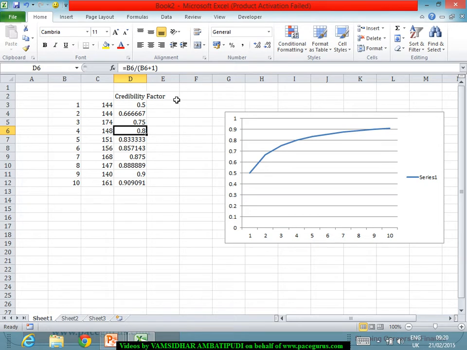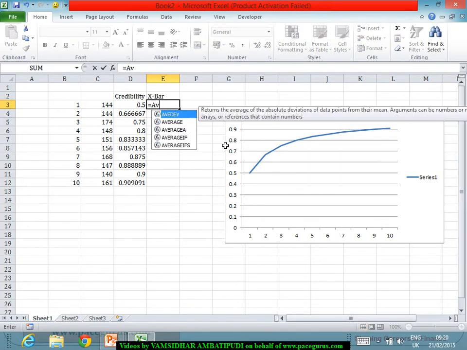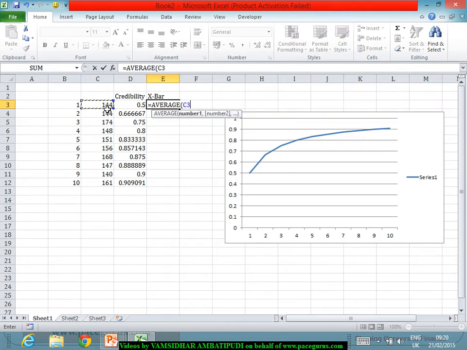Now, when I'm saying credibility factor, this is the amount that is going out to these data points. So we can very well find out the X bar, which we are computing from our data. I can always take it as average from whatever data is available. So here I'll take the average for the first year, only 1 year's data.